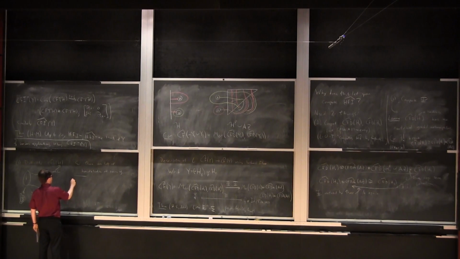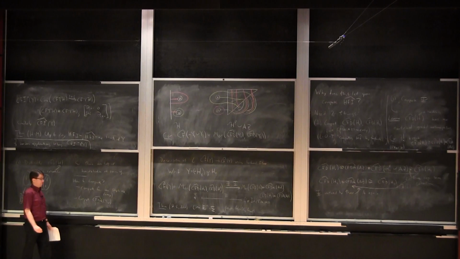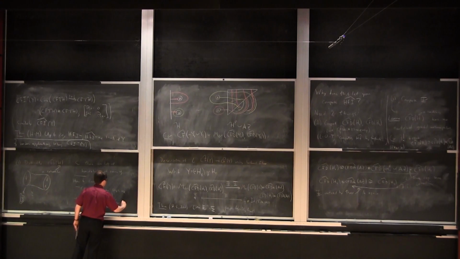Okay. How to compute? You just compute it for one of them, one simple one, and then you compute this bimodule CFDA for generators of the mapping class group, so for mapping cylinders of generators of the mapping class group.